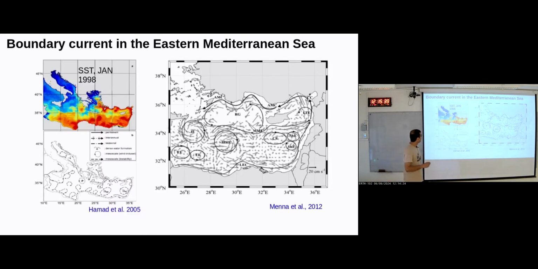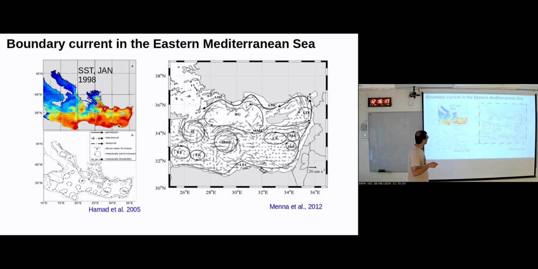Later, through high resolution satellite data, a basin-wide boundary current was confirmed using a large number of SST images. Hamad et al. inferred a basin-wide boundary current as shown in this schematic, which was inspired by the kind of boundary current they were familiar with in the Western Mediterranean.